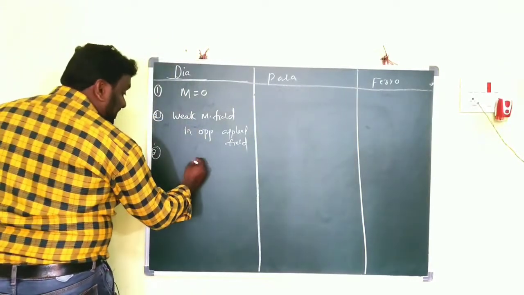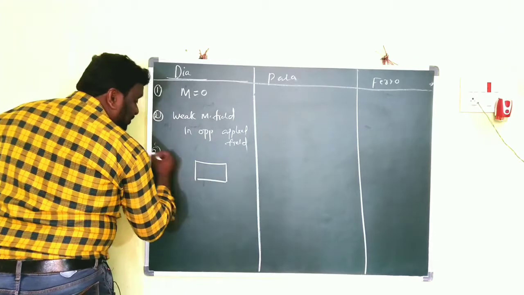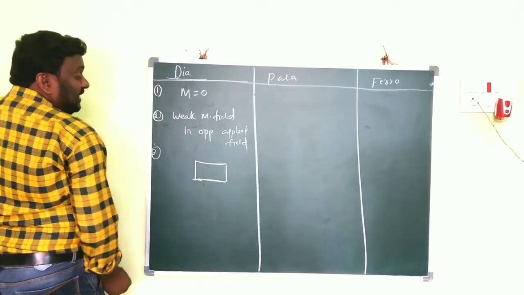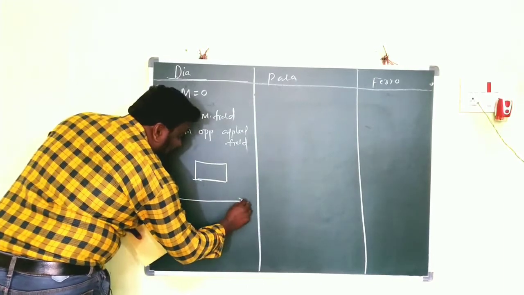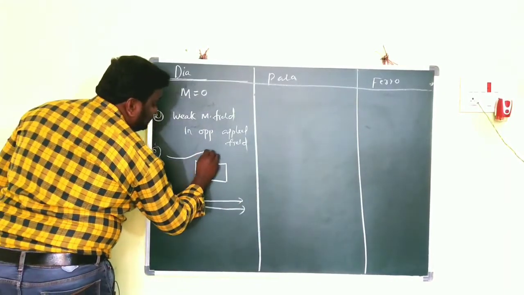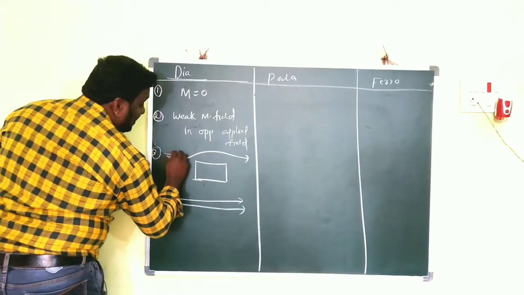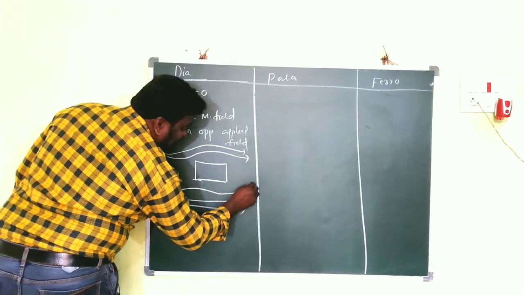When a diamagnetic substance is placed in the magnetic field, then the magnetic field lines are repelled, and they do not enter.